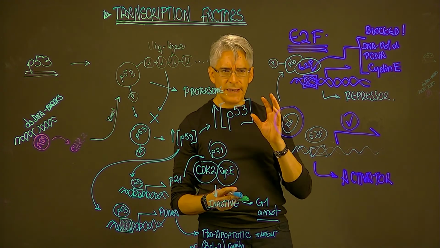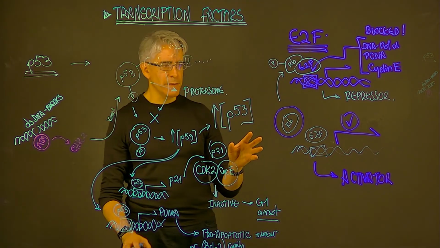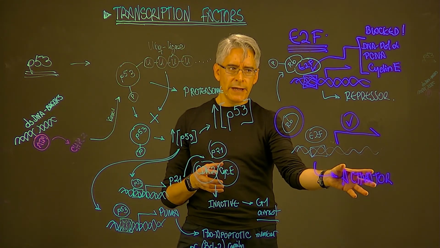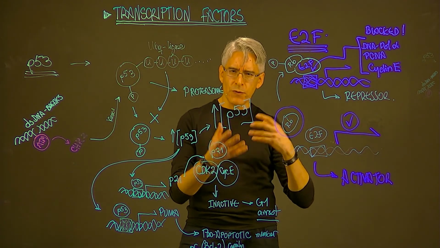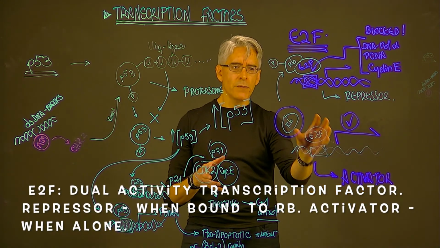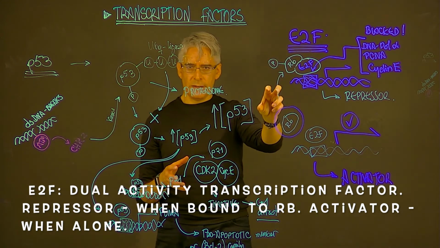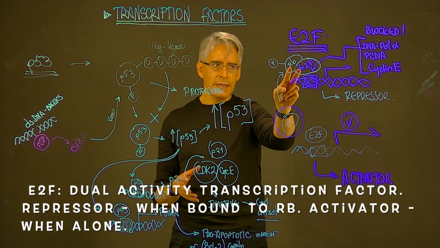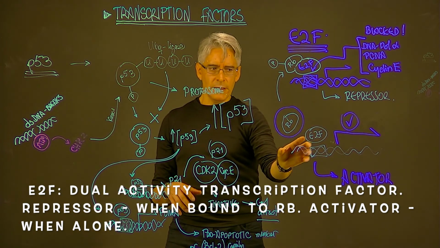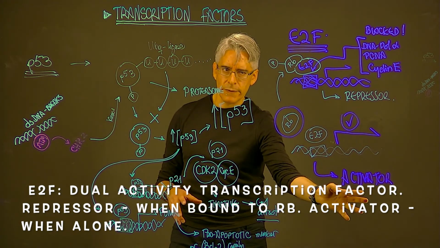So this is a really important example to keep in mind, because it gives you a sense of how specific transcription factors can actually have dual functions as repressors or activators, depending upon what kind of proteins they are interacting with. The interaction with RB allows E2F to act as a repressor. In the absence of RB, E2F acts as an activator.